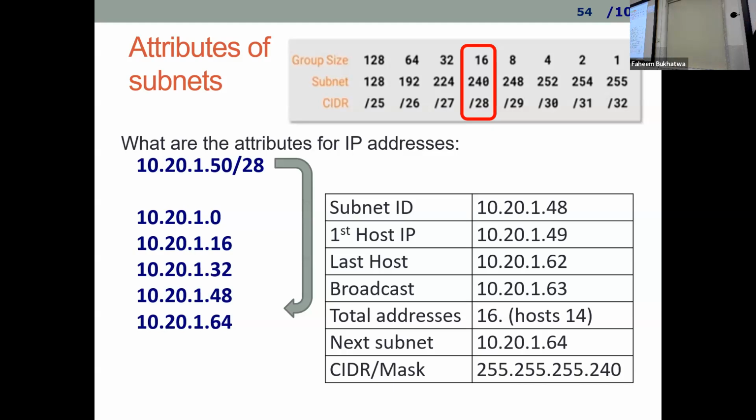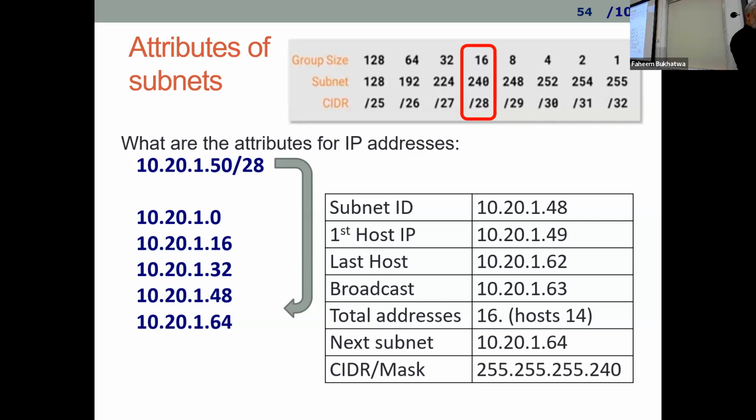So if this one starts at 0, you can now write the first address of every network: 0, 16, 32, 48, 64, and you keep going. So where does the 10.20.1.50 fall? Right in there between 48 and 64. You can check whether it's a good address. If it's 48, it's not a good address.